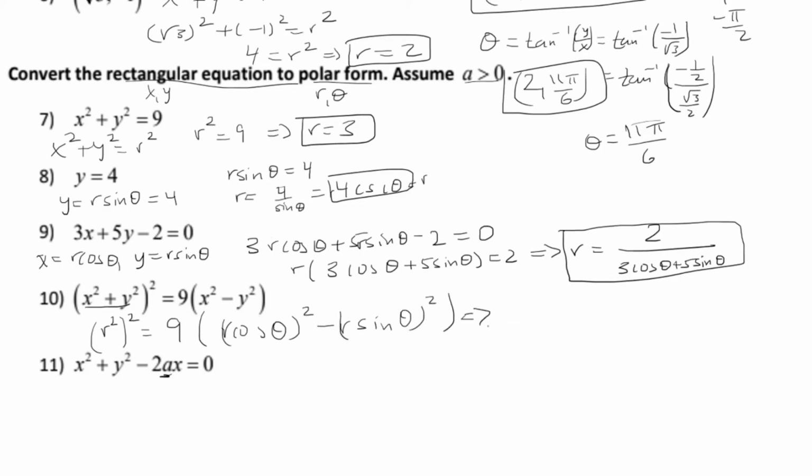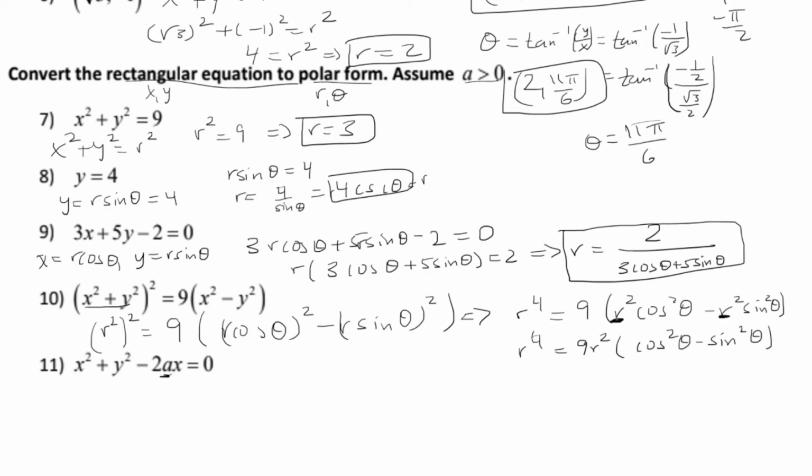Okay, so that implies that r squared squared, which is r to the fourth, is equal to 9 times r squared cosine squared minus r squared sine squared. So we have r to the fourth, and both of these terms have r squared in common, so I'm going to pull that out. So I'm left with cosine squared minus sine squared.